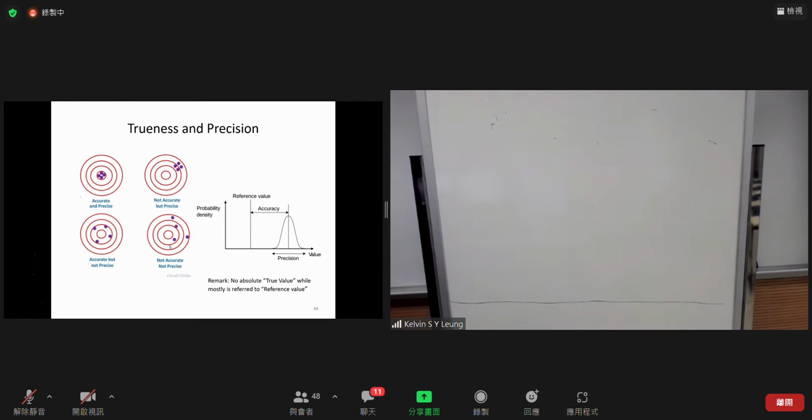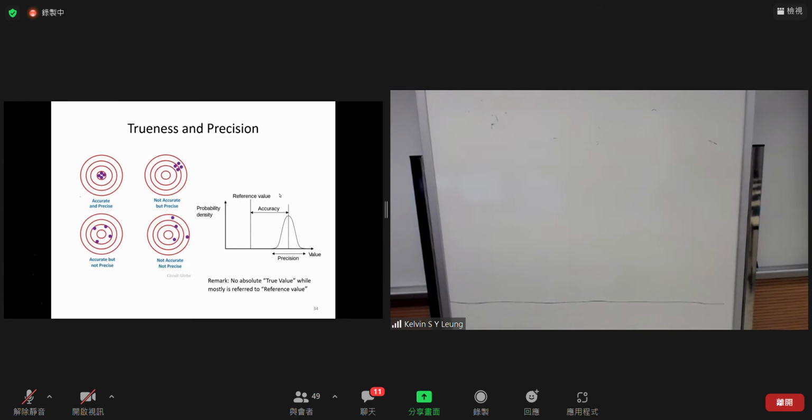Whereas the poorest one is the bottom right-hand one, which is scattered all around, and far away from the target, okay? The target in here, let's say, is our reference value, let's say 100, maybe 100 ppm, okay?